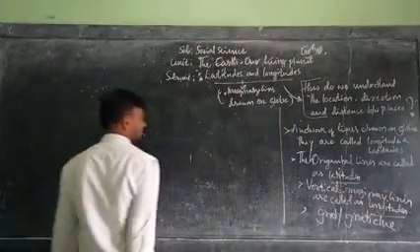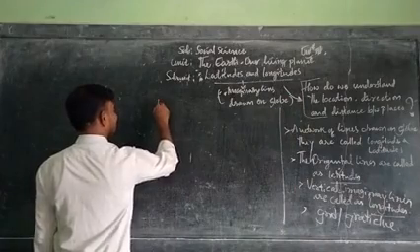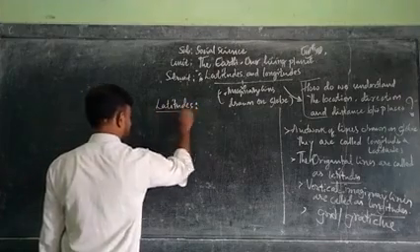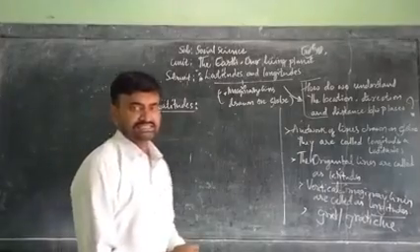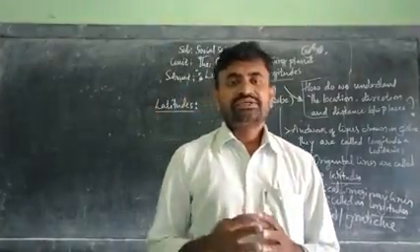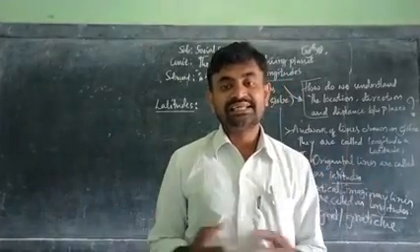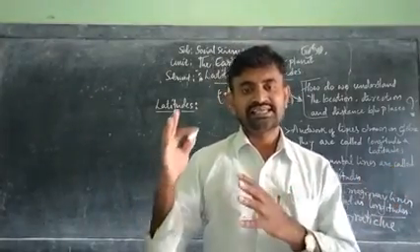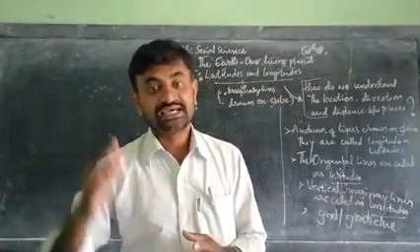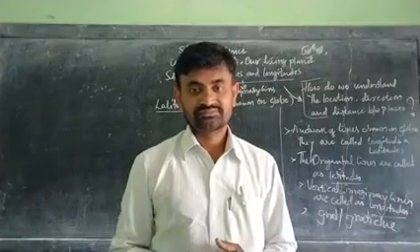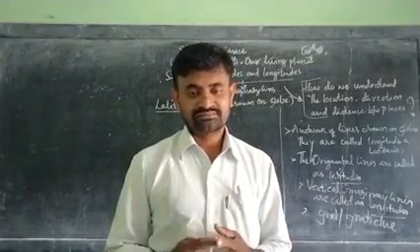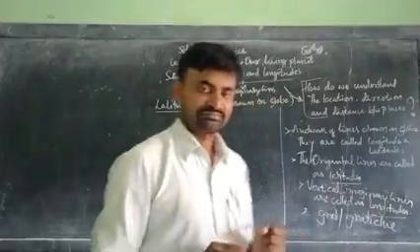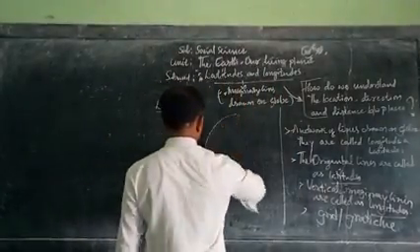Now we are going to know briefly about latitudes. See, dear students, a latitude is an imaginary line which joins all the places which have the same angular distance, north or south of the equator. They are called latitudes.